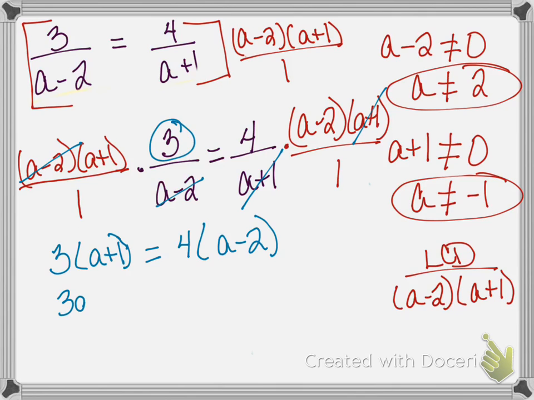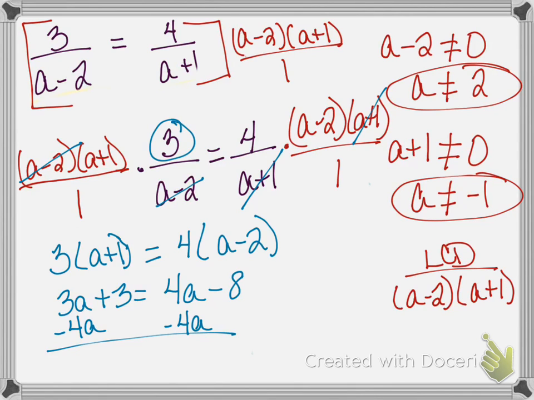3A plus 3 equals 4A minus 8. I'm solving now. We know how to solve these. So I'm going to subtract 4A from both sides. I'm left with negative 1A plus 3 equals negative 8. I subtract 3 from both sides.